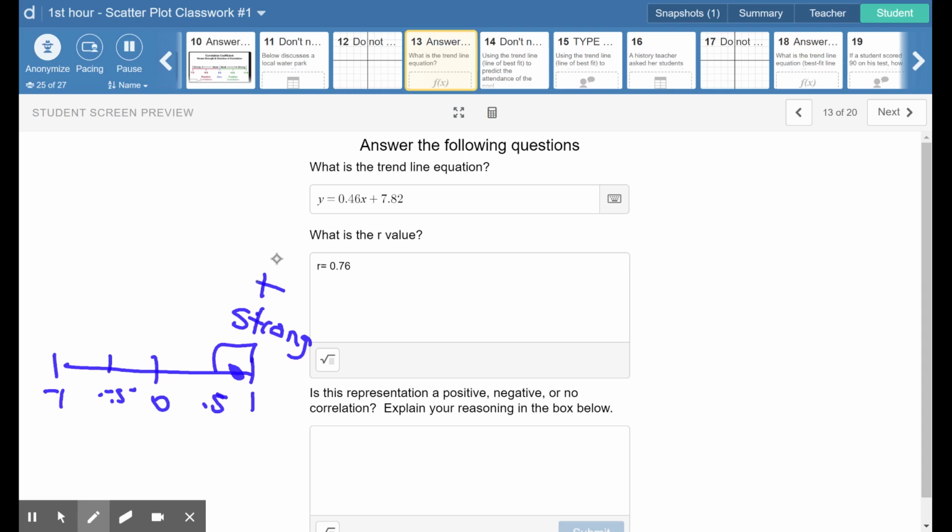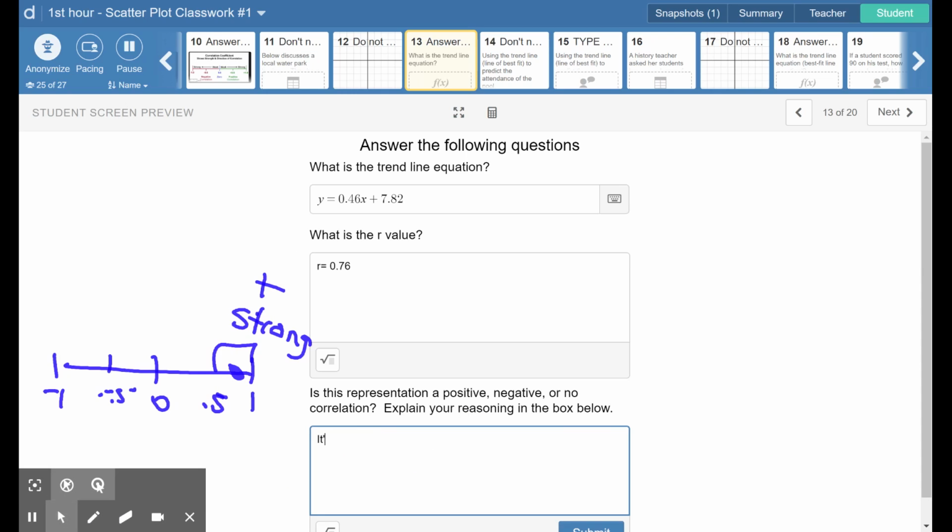And plus it's a positive number, so it's a strong positive. So you can do whatever you need to in this sentence. As long as you say strong positive, you can say it is past 0.5, it's bigger than 0.5, it's closer to 1, anything like that will be fine.